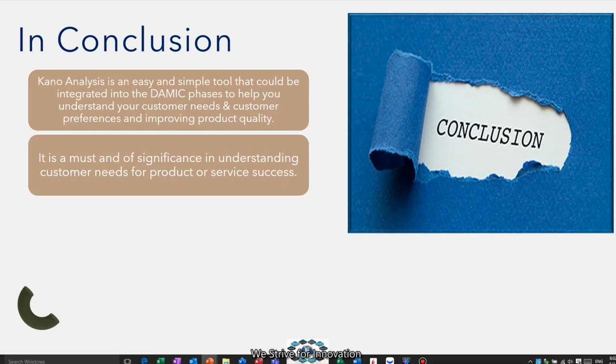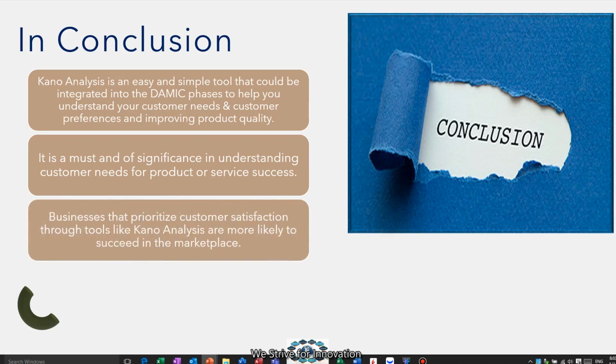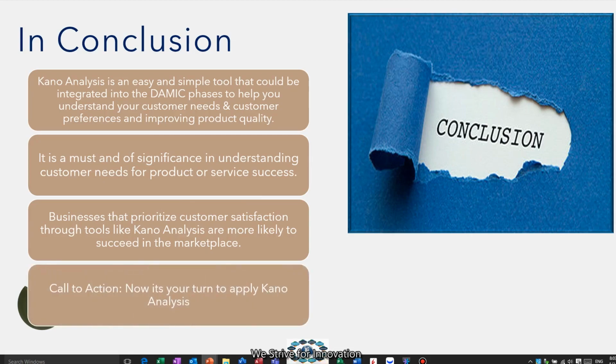Also, it is a must, and a significant tool in understanding customer needs for product or service success. Businesses that prioritize customer satisfaction through tools like Kano analysis are more likely to succeed in the marketplace.